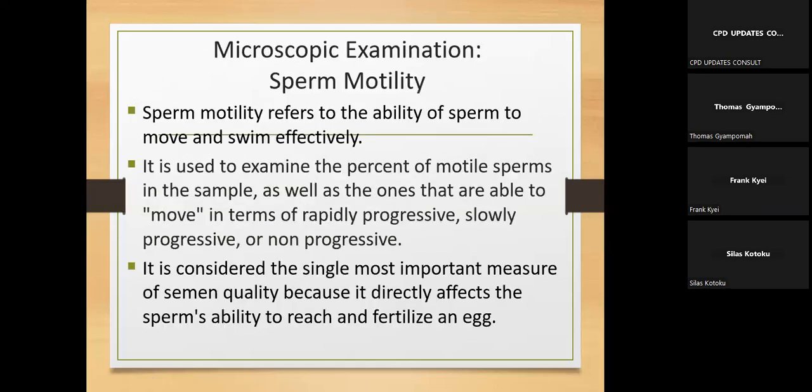So now you do a wet mount, and then you can use the wet mount to assess our motility. Sperm motility refers to the ability of the sperm to move and swim swiftly. And remember, we said that sometimes you create artificial inability of the sperm movement when you prepare slides that are too thin.